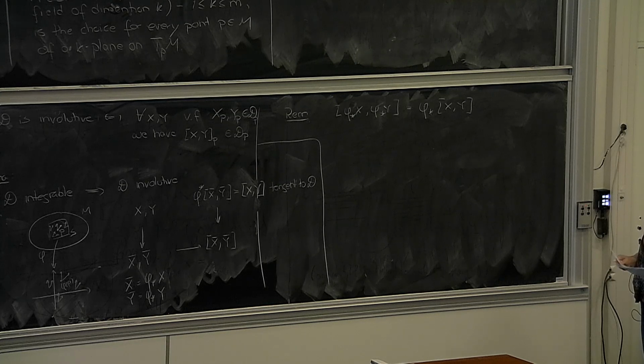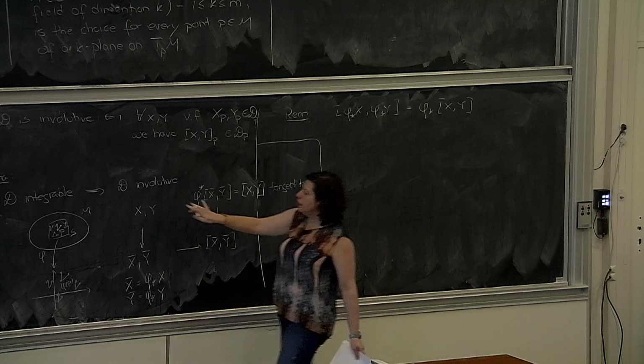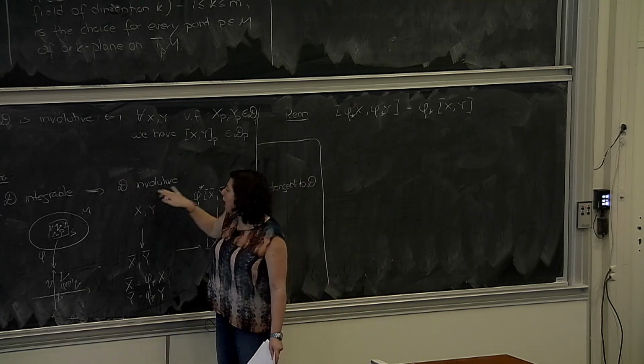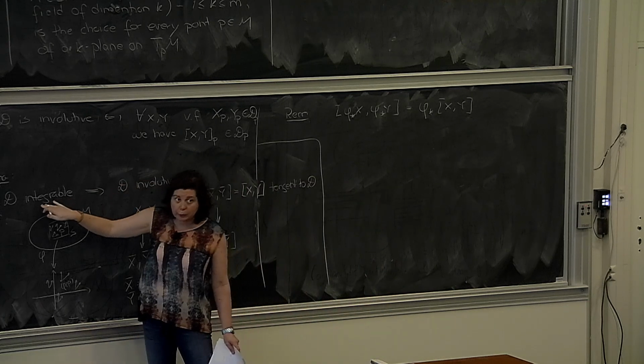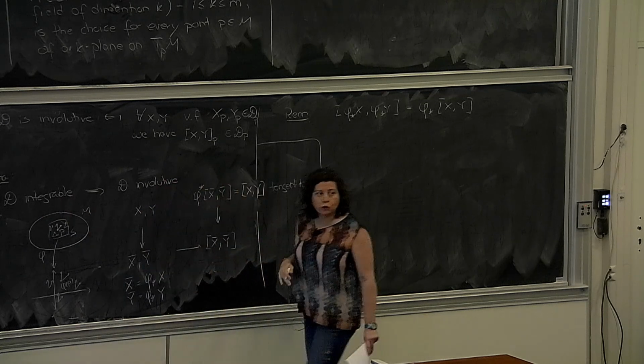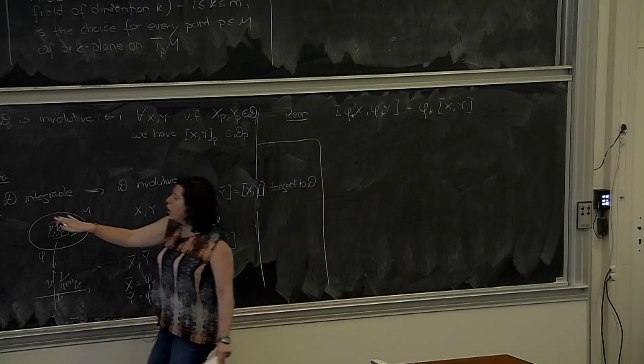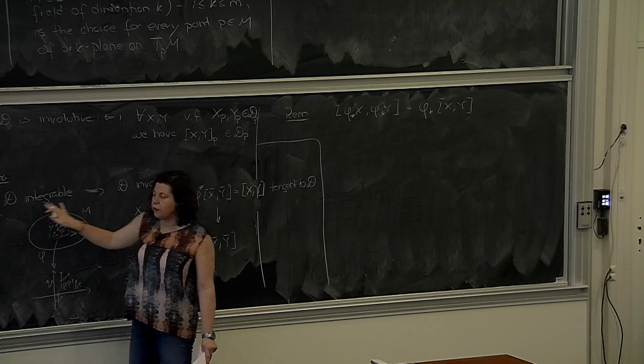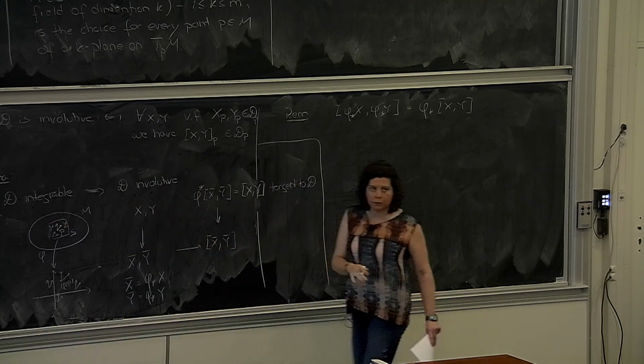Okay? So what this lemma says is that we have an obstruction to integrability of a distribution. Okay? So in order for a distribution to define a foliation, we have an obstruction.